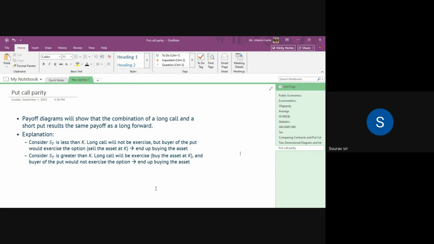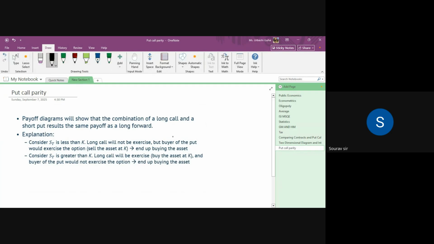Now a long forward locks us into buying the underlying asset at a strike rate. So by combining what? Long call and short put. Now if I do the case by case analysis, if ST is less than K, the long call will not be exercised, since it is cheaper in the market.